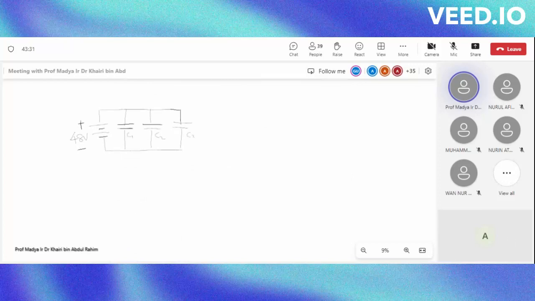This is 800 microfarad. This is 60 microfarad. This is 1200 microfarad. And what is CT? What is CT and what is QT? Okay, so how do we do this?